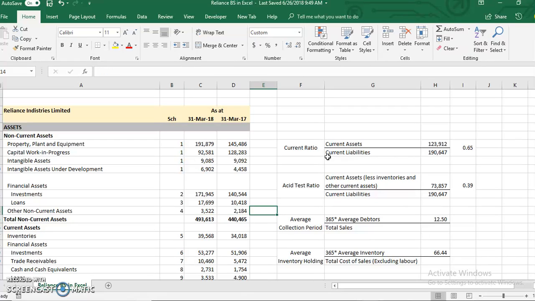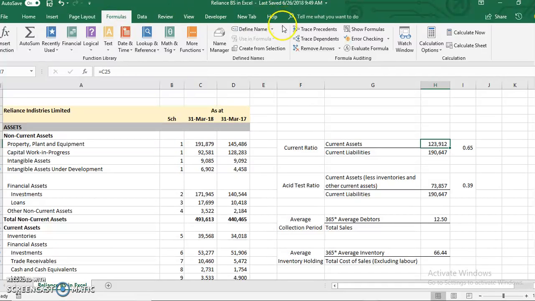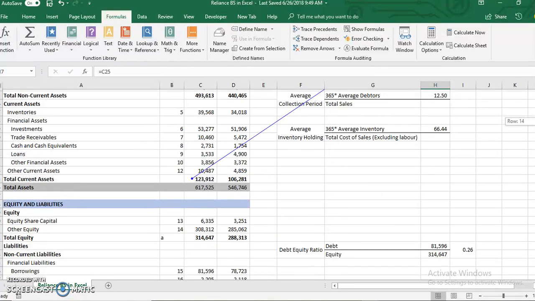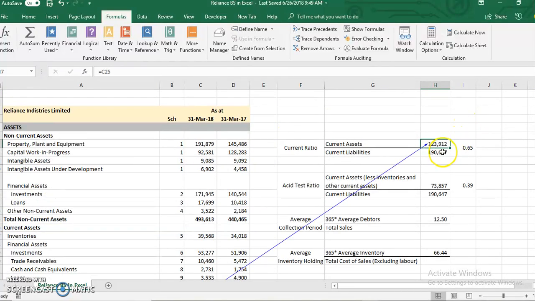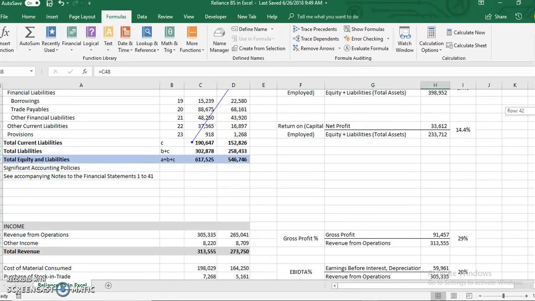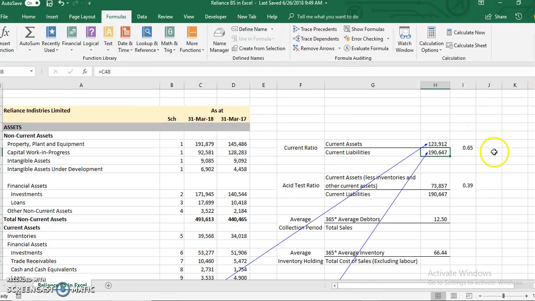The first one was the current ratio. The formula is current assets divided by current liabilities. Here I'm showing you where I got these figures: this figure from current assets, and this figure from current liabilities. The ratio is 0.65.